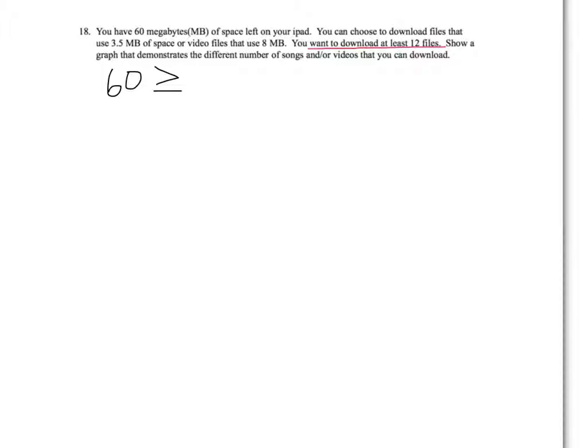We're going to call files that use 3.5 megabytes of space video files. Video files we'll call y, the other files we'll call x. So 3.5x plus 8y is one of the equations.